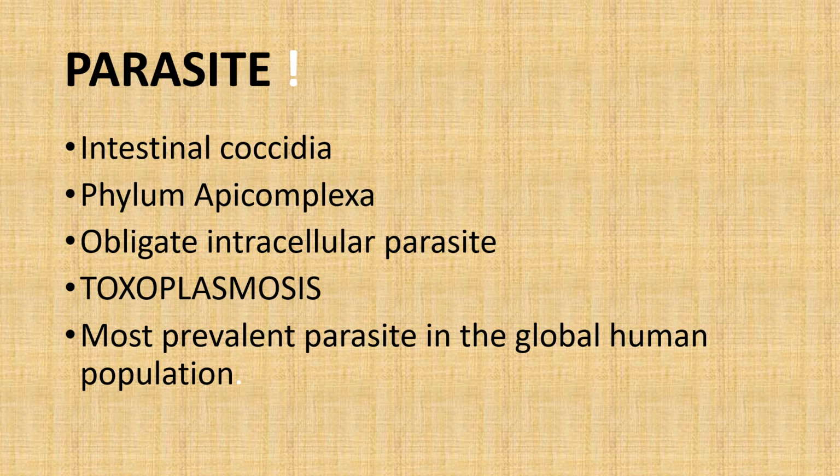The disease that Toxoplasma causes is toxoplasmosis, and we will try to dissect this disease in complete depth as we progress through the slides. And a very important epidemiological stat to know about Toxoplasma is that it is the most prevalent parasite in the global human populace.